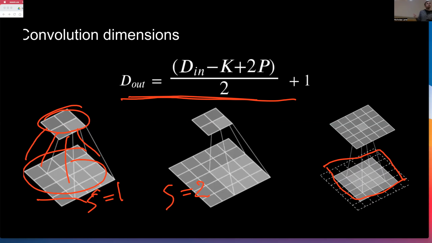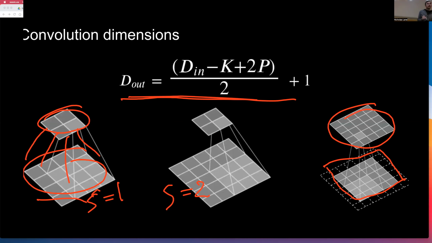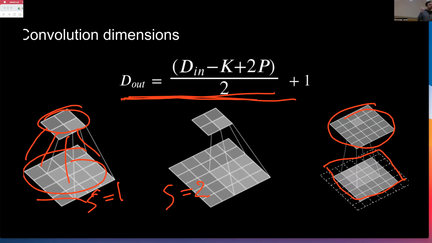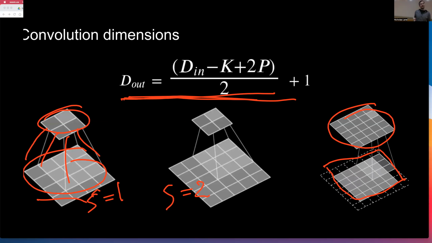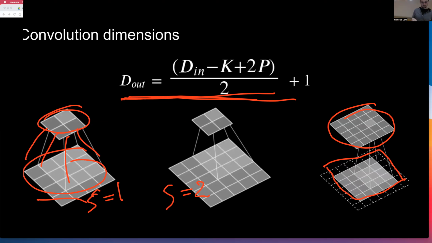For example, you'll notice here the output is much larger, and that's because we have padding, so we have a virtual increased input size. If you want to work out what the output is going to be based on how you parameterize the convolution operation, this equation can give it to you, although if you think about it, you can derive it yourself from how it's going to behave. Yeah, those are the main points.